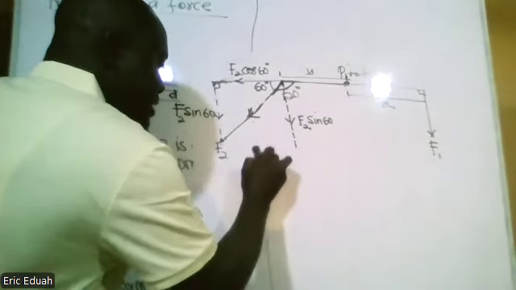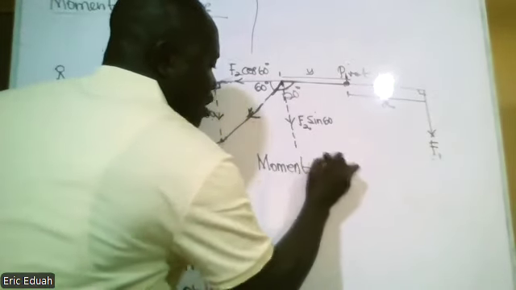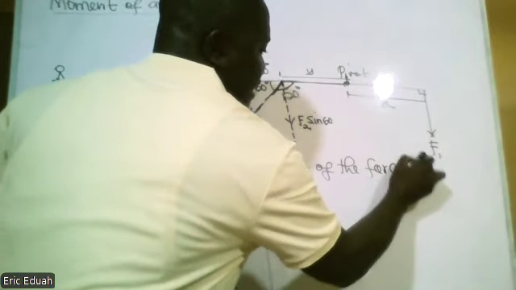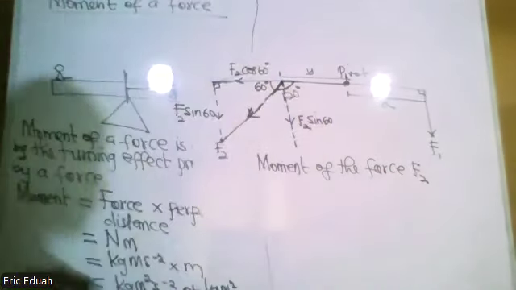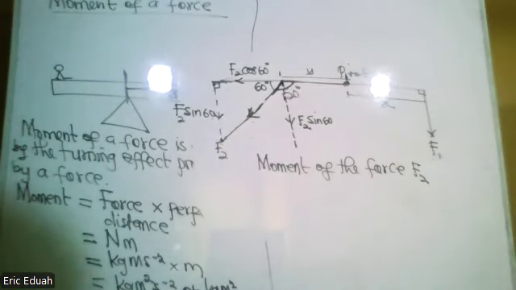Therefore, moment of the force F2 would be equal to, of course, moment is the product of the force and the perpendicular distance.